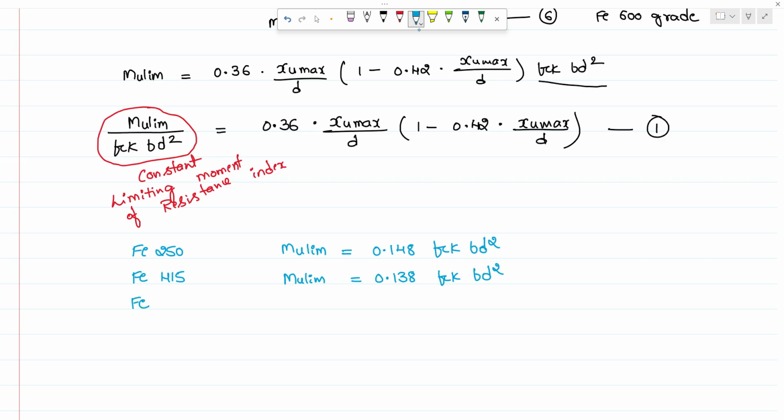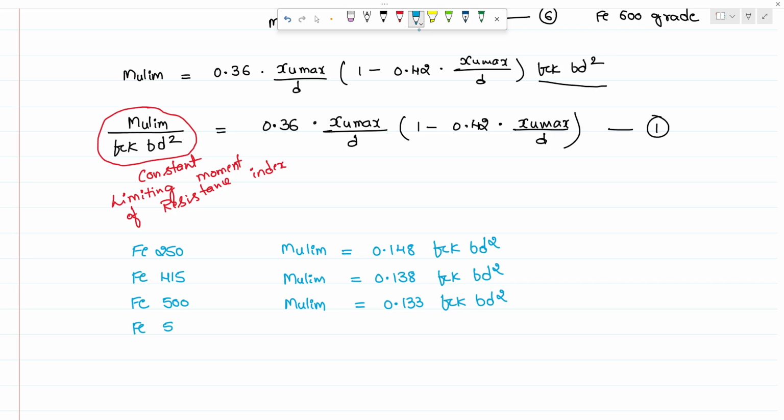For Fe 500, mu limit equals 0.133 FCK BD square.